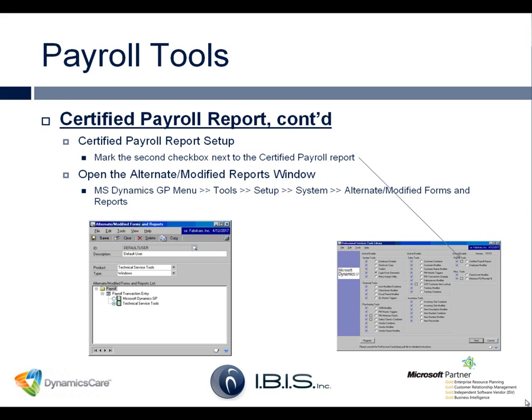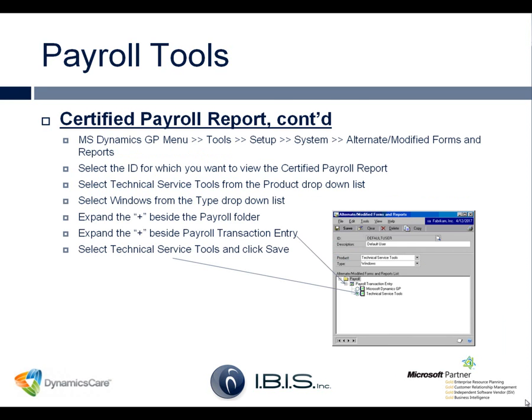Then you have an alternate modified reports window. You're going to open that window and select the ID for whom you want to view the certified payroll report, and then you're going to want to select the technical service tools from the product drop-down list, which is in that screenshot.